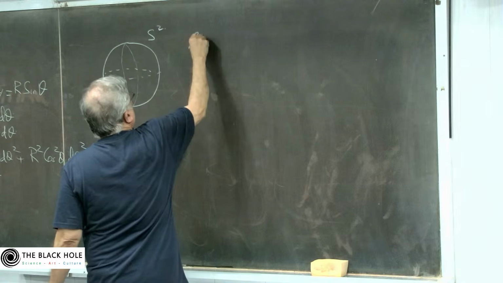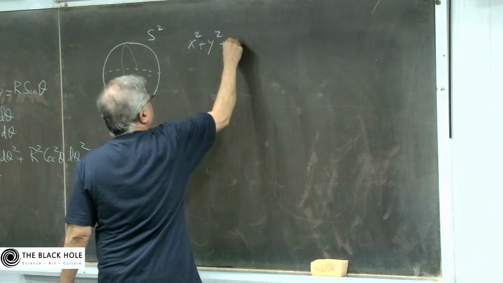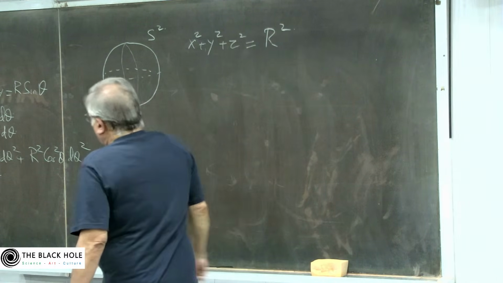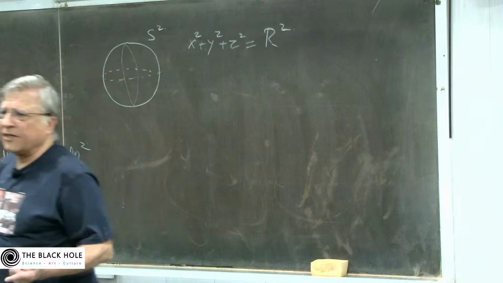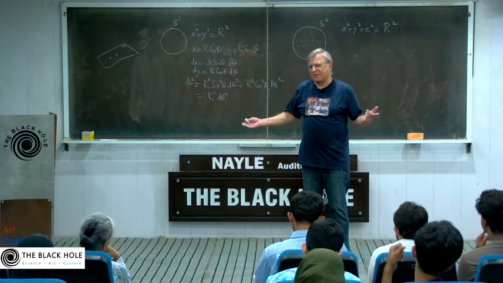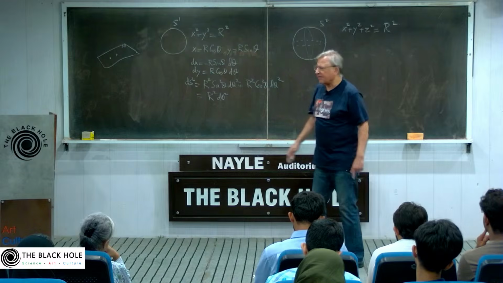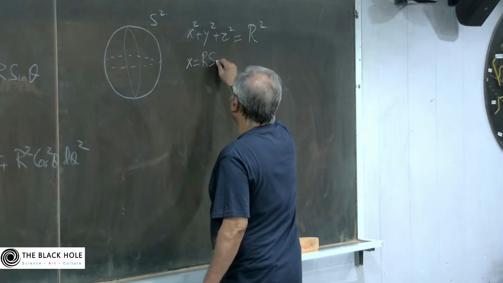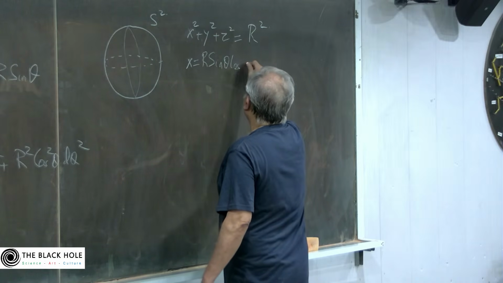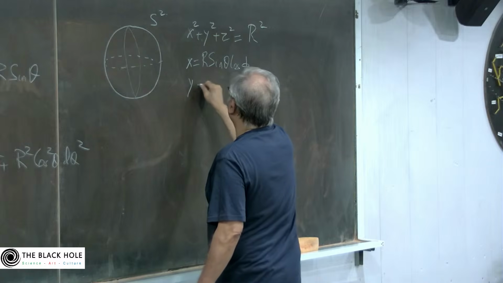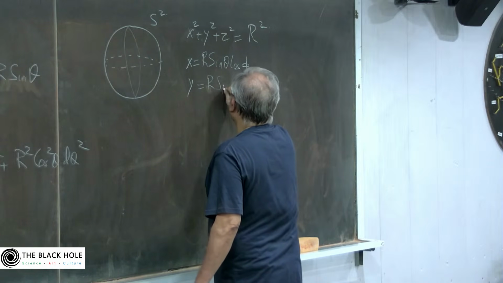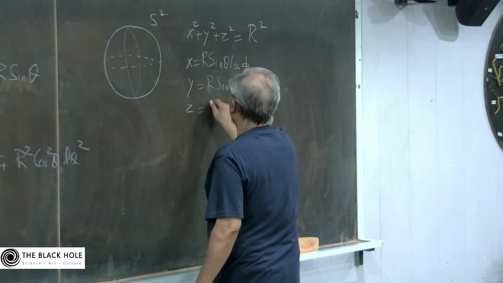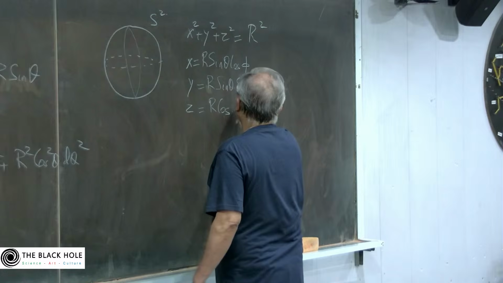You have a third coordinate: x squared plus y squared plus z squared equals r squared. And then you will need 2 coordinates, and that's why polar coordinates were invented, and polar coordinates are x is equal to r sine theta cos phi, y is equal to r sine theta sine phi, z is equal to r cos theta.